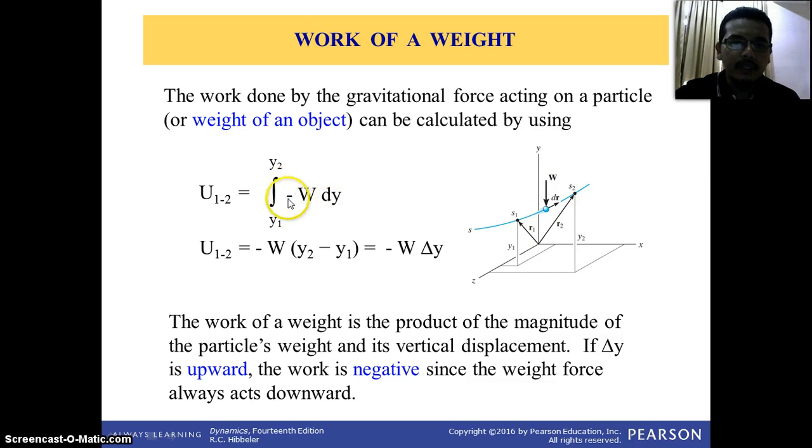So it is negative, because work going up is positive, and now it is negative because it opposes the direction. It is given by the displacement from y1 to y2. The work done by the weight, or the work done against gravity, is negative W delta y, or negative mgh. As I said just now, if the displacement is upward, the work is negative since the weight force always acts downward.